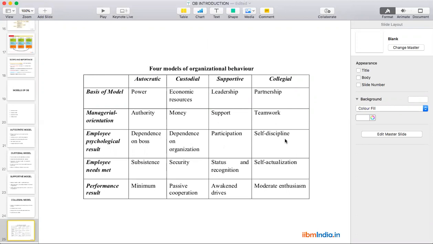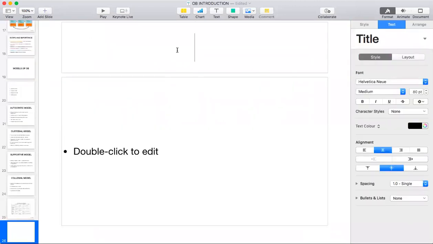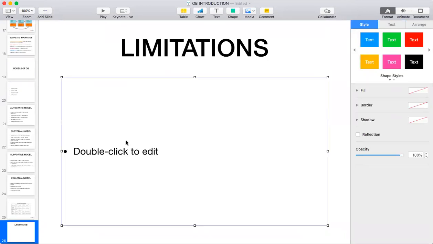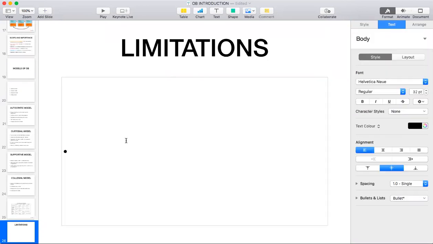So I'm muting everyone again, and we'll start the last topic, that is about the limitations of OB. The first limitation is basically it is a remedial approach, meaning it can cure a disease, not completely remove it.